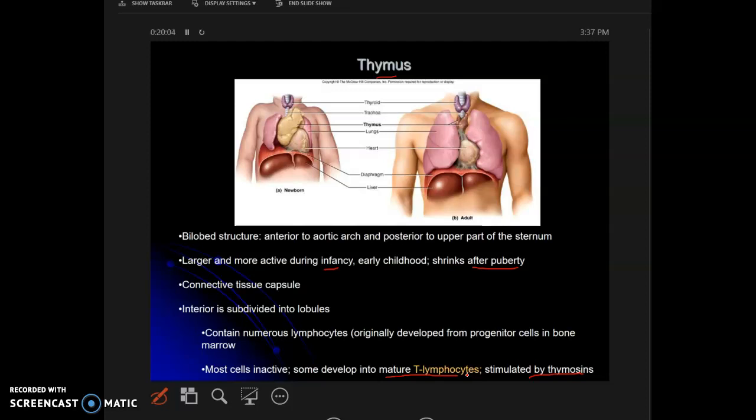The entire maturation process is stimulated by a hormone produced by the thymus. What's the name of the hormone? Thymosin. All this is important. Please make sure you understand. So maturation will make the inactive T cell into an active T cell. Maturation means where the T cells are educated and taught the difference between self and non-self.